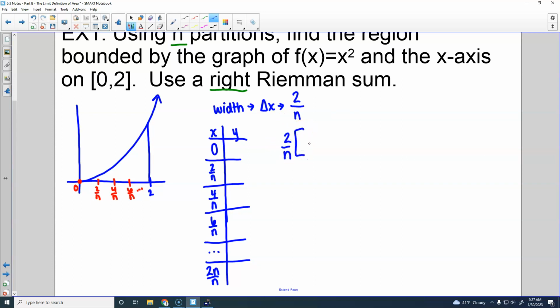And if I am doing a right Riemann sum, which endpoint am I leaving off? The 0 or the 2n over n? The 0. So I would start with 2 over n plus 4 over n plus 6 over n plus dot, dot, dot. And then eventually I should end up at 2n over n.